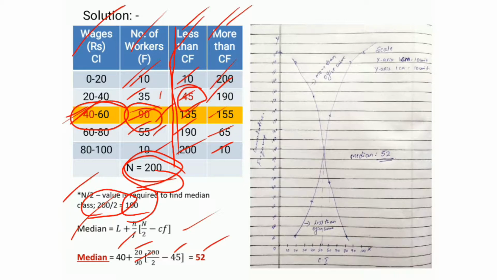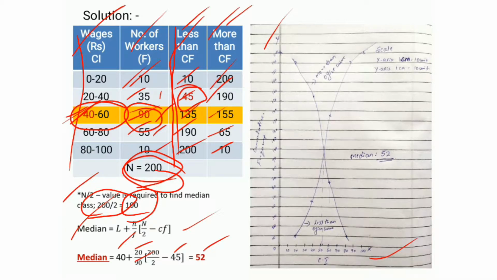Now, how to draw the graph to find the value of the median. To draw the graph, two axes are required, x-axis and y-axis. On the x-axis, we'll take class intervals, and the y-axis will take cumulative frequency, that is less than and more than.